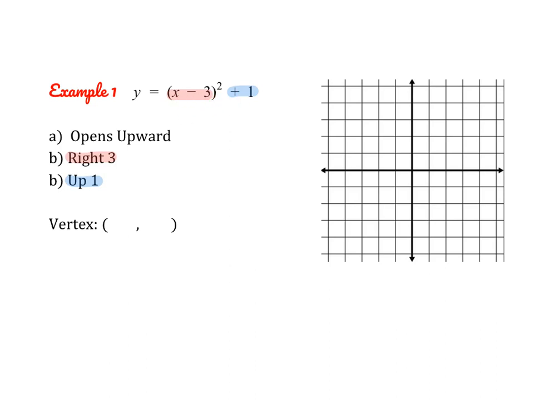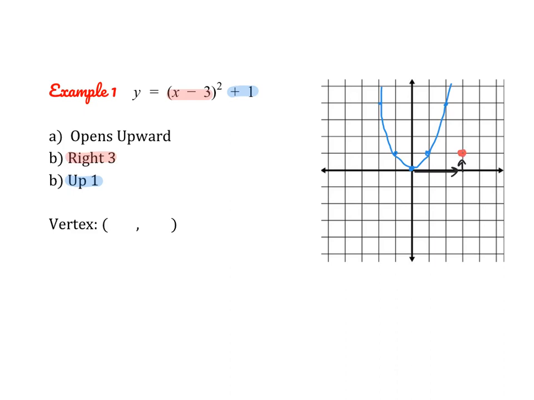So really quick, let's talk about why this moves our vertex. If you remember, our parent function looks something like this. This is the parent function y equals x squared. So if I take my vertex right here and I move it to the right 3 and up 1, my vertex is now here.